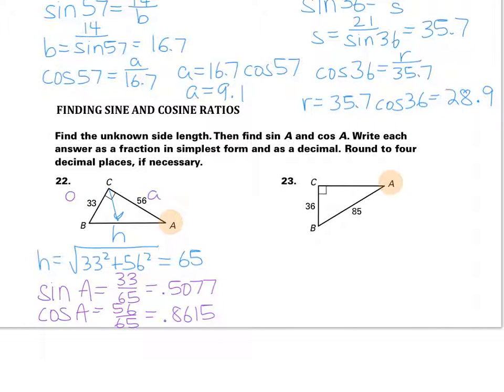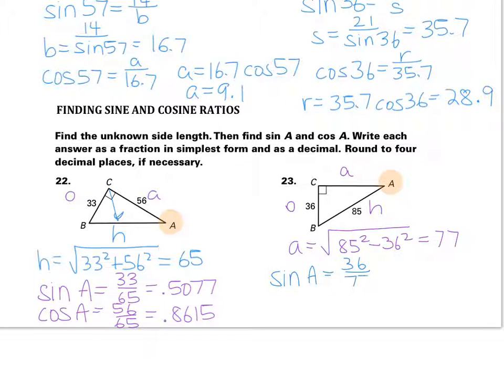Except this time, you're finding the adjacent. So you want to make sure that you recall when you're finding one of the legs, it's the hypotenuse squared minus the leg squared, and then take the square root. Then when you find the sine, the opposite is 36, and you just found the hypotenuse.